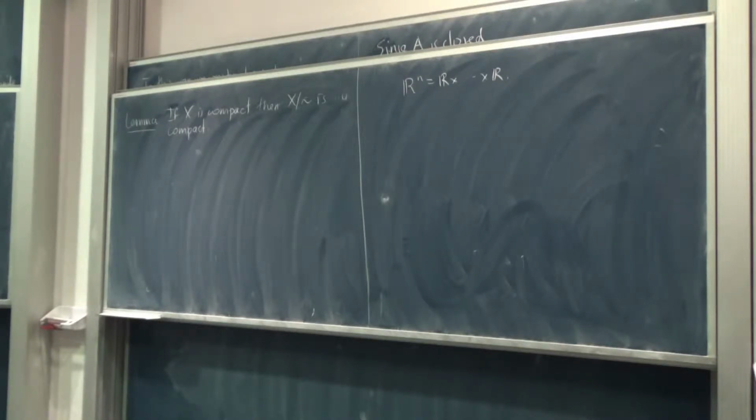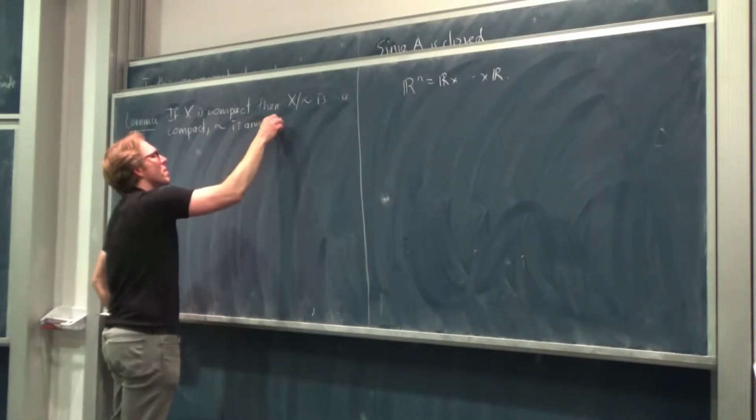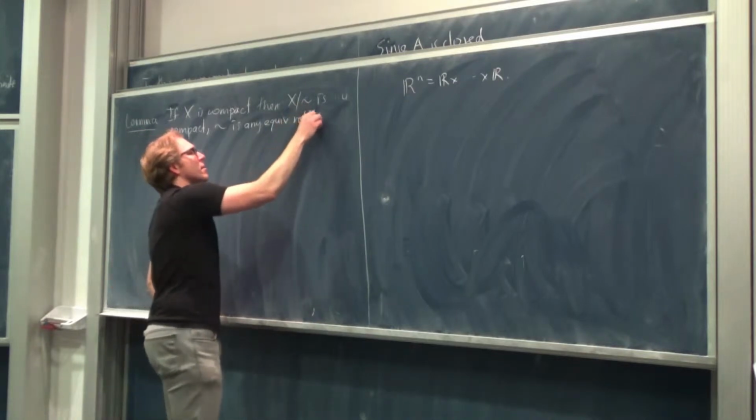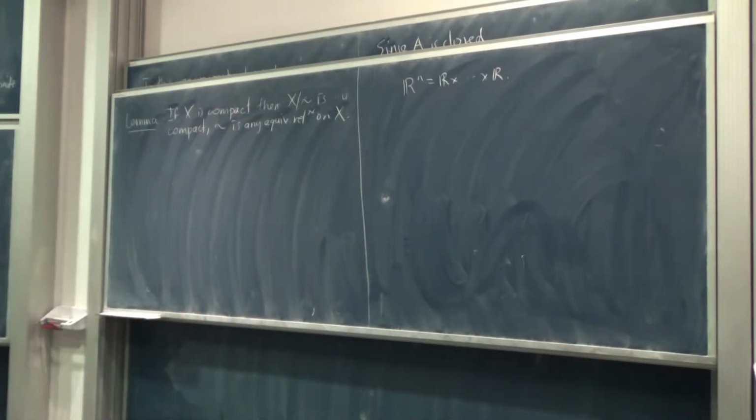Well, I wrote down an argument in the notes, but it's a bit silly given what I just said, actually. All right, so what's the quick argument that the quotient is compact? So here, tilde is any equivalence relation on X. The quotient map is continuous? Yeah, right.